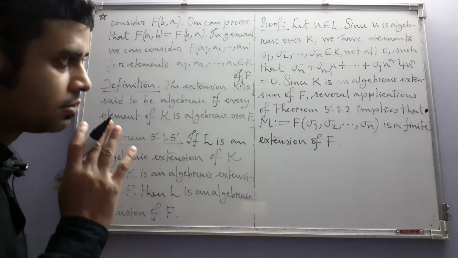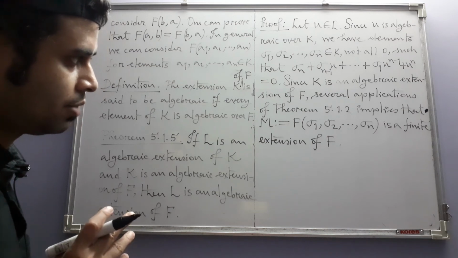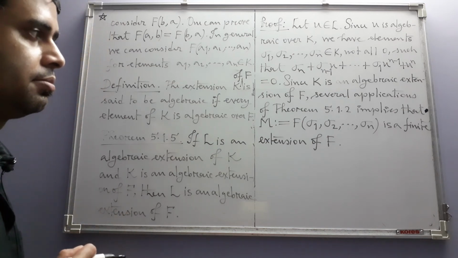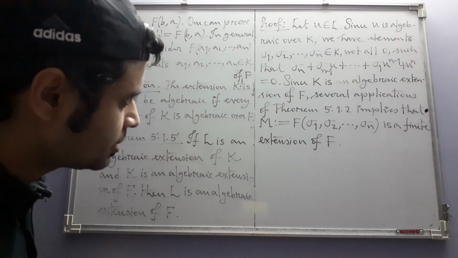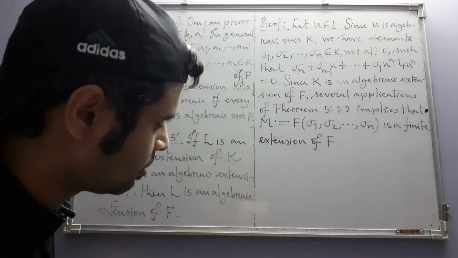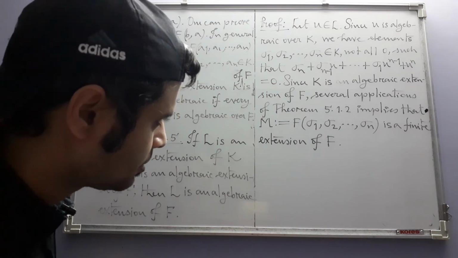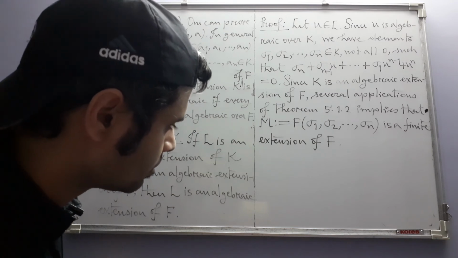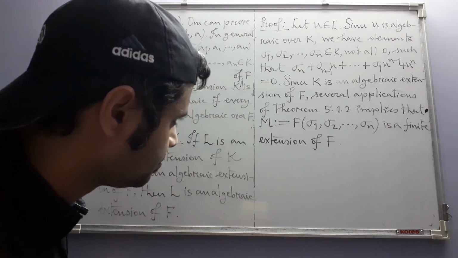Okay, so how exactly are we applying 5.1.2 several times? In the first application there is no problem. F(sigma 1) is a finite extension of F. Then we apply again that to F(sigma 1, sigma 2).